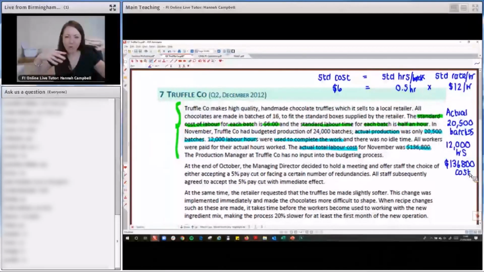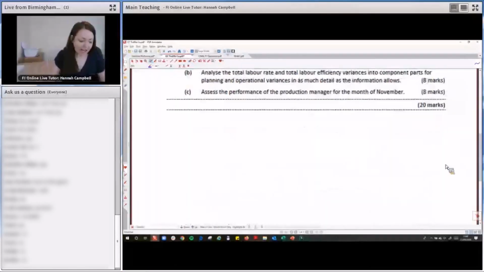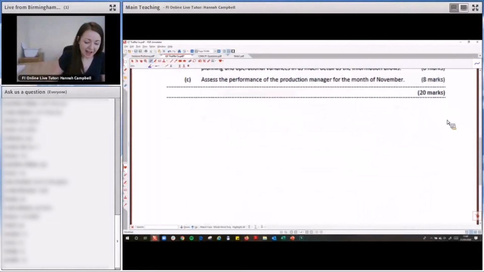So when you've got all of the information squeezed into one paragraph, separate it out, either highlight it in different colours or write it out so you've got all the information that you need. So first of all then, let's have a look at our total labour rate variance.